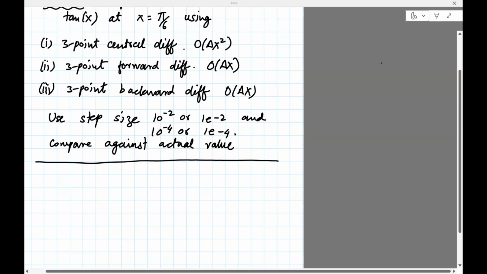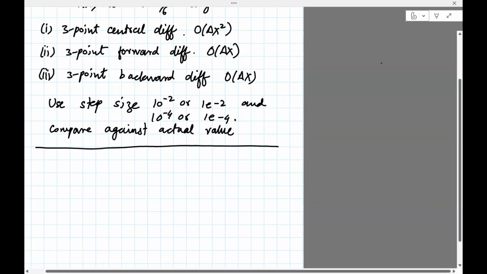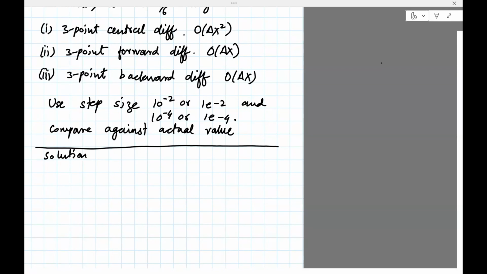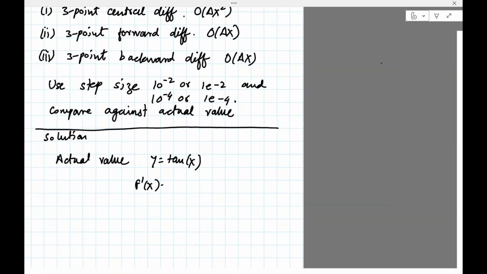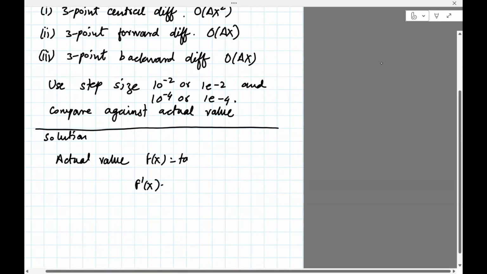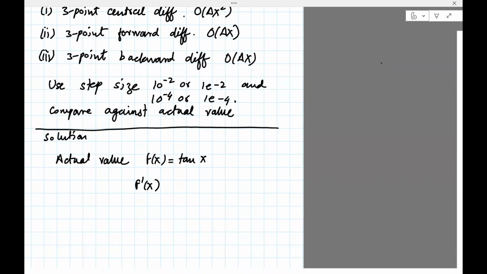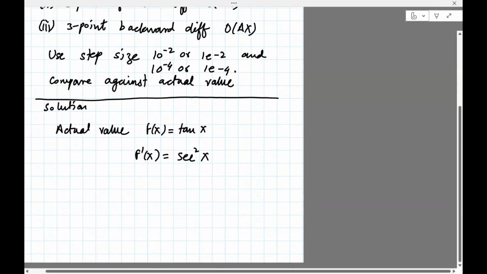So let's do the easier part first, which is the actual value. It's super easy to calculate once you know the derivative. So we have y equals tangent of x, f of x. The derivative of tan of x is secant squared x. And then if you want to compute the second derivative, you'll have to use the chain rule.